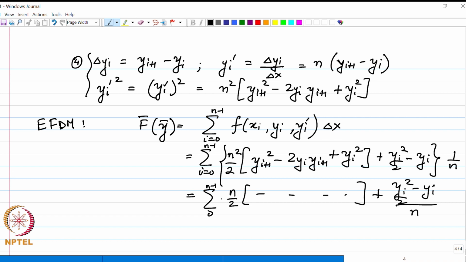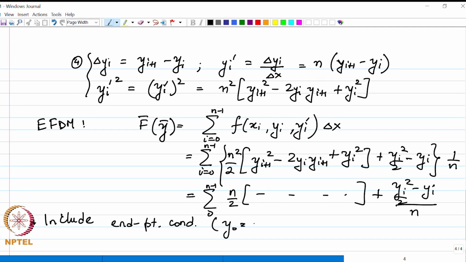So, what we can do is further include the two unknowns coming from the boundary, that is y0 and yn, and set up the total function in another form. So, we are going to include the endpoint condition.